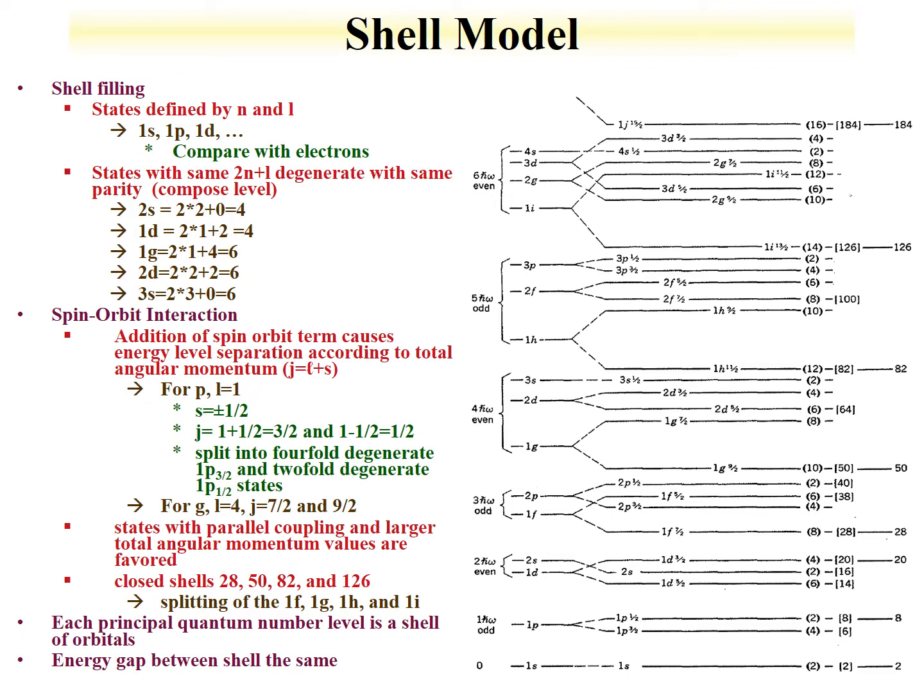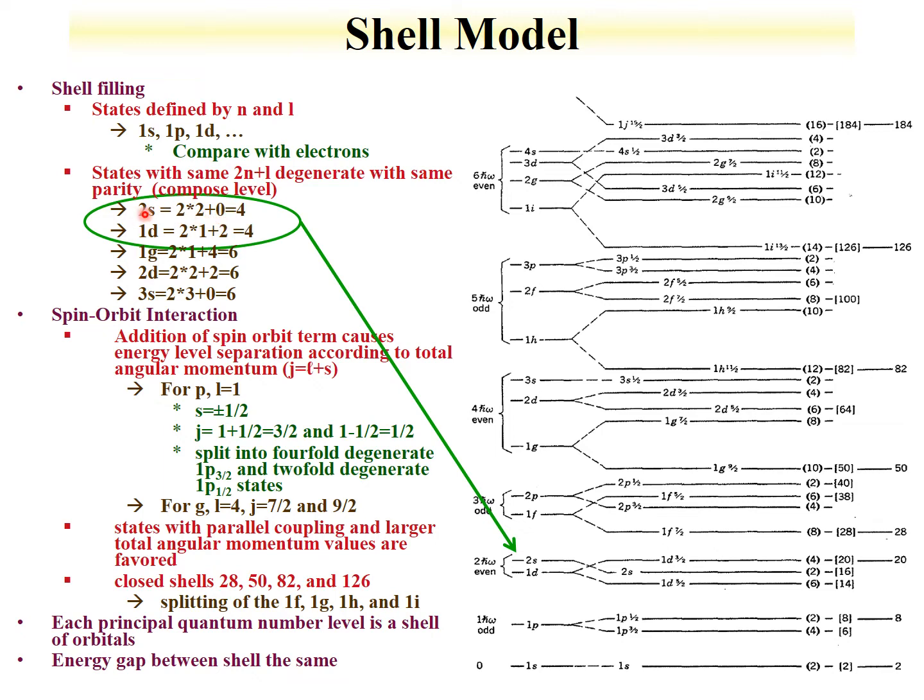Degenerate states: if I take 2 times n plus l, those with the same numbers, so n and l, 1s, the n would be 1, the l would be 0. Those states with the same 2n plus l are going to be degenerate, and they'll be grouped together. As an example, if we look at this state here, which is composed of the 2s and 1d state, for 2s, 2 times 2 plus 0 is equal to 4, right?